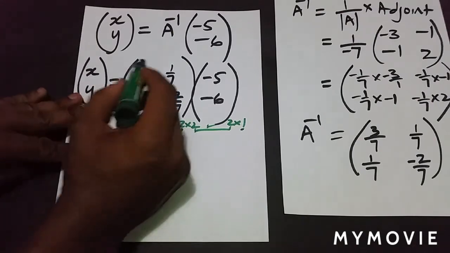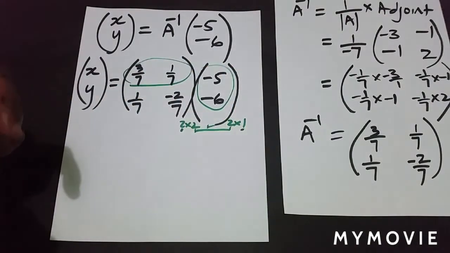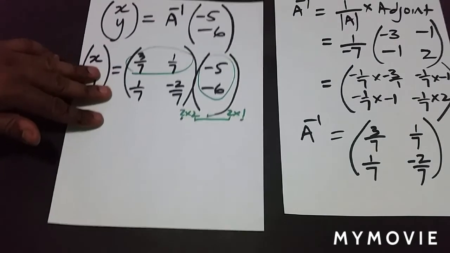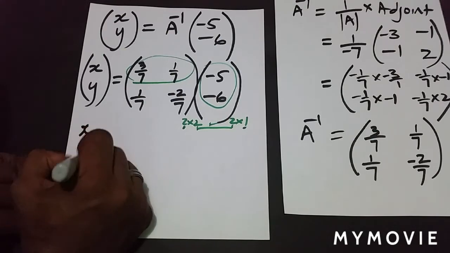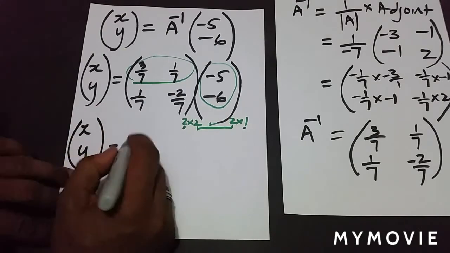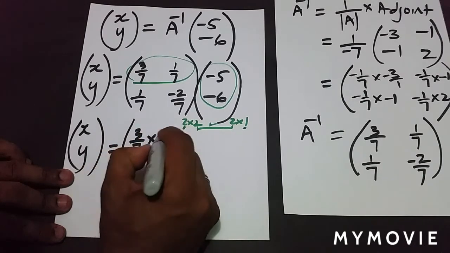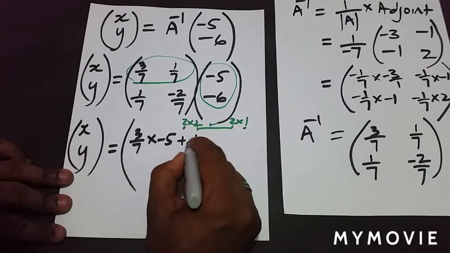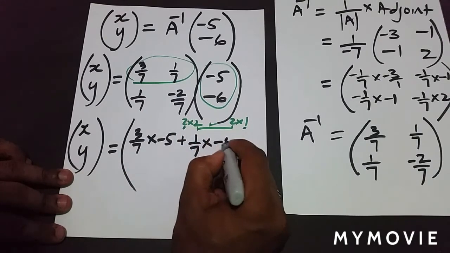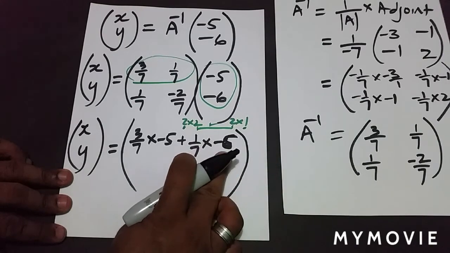So how do we work again? Row by column. So let's work. So x, y would simply be equal to 3/7 times -5 plus 1/7 times -6. Correction, -6.